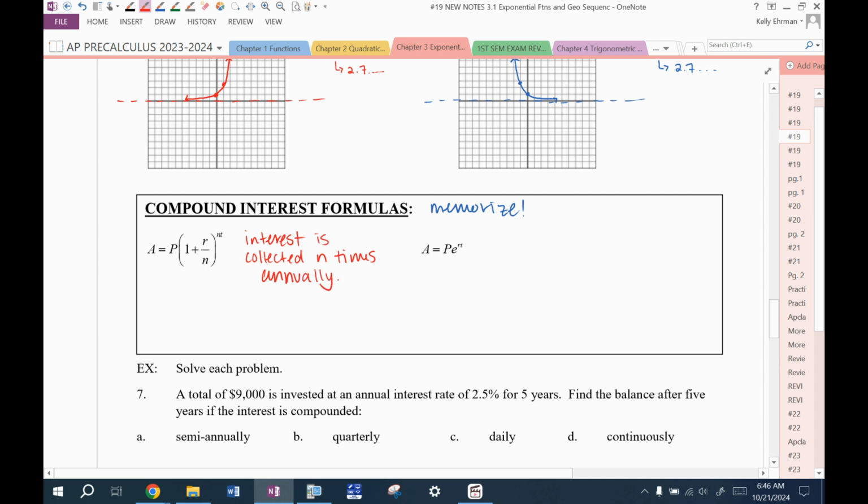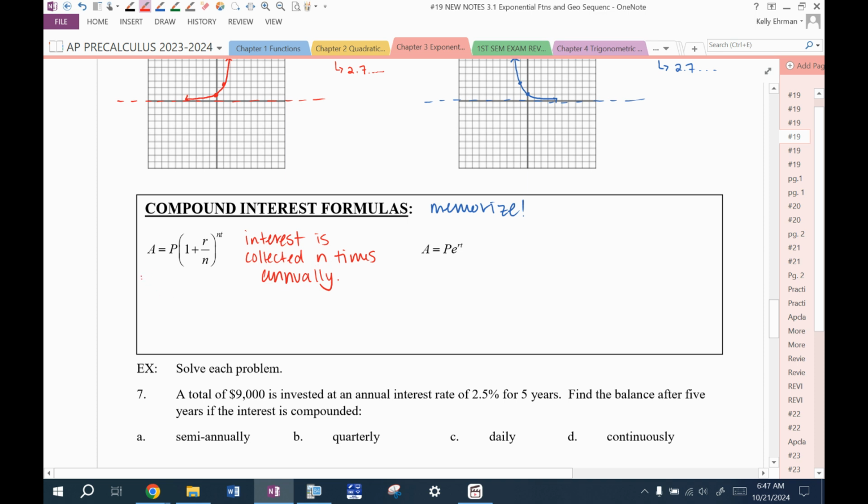So what that means is you've got money sitting in, let's say, a savings account, and interest might grow on it once a year, or they might collect interest twice a year, or 4 times a year, or every month, or every day. So n would be however many times per year you're doing that.